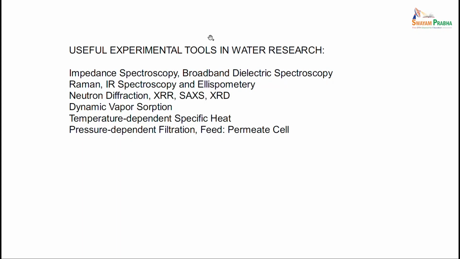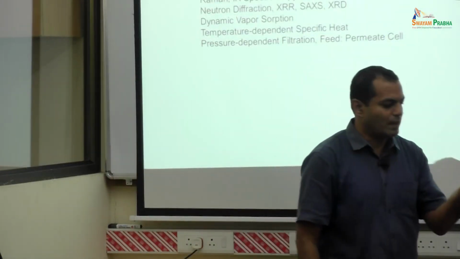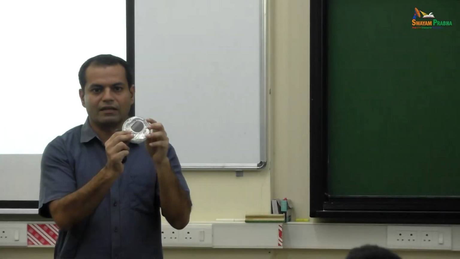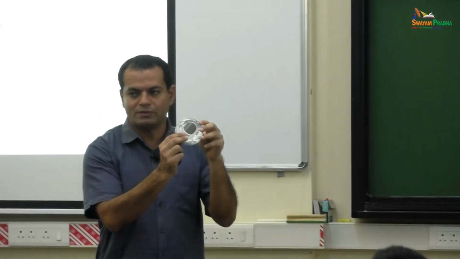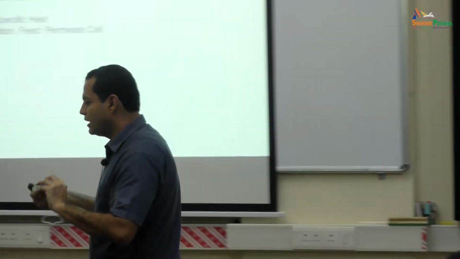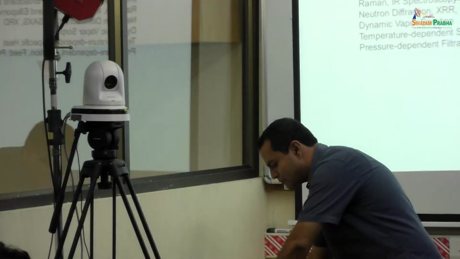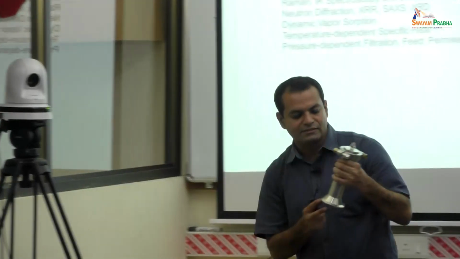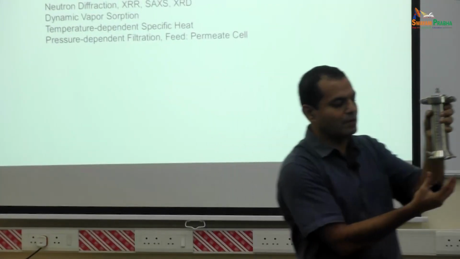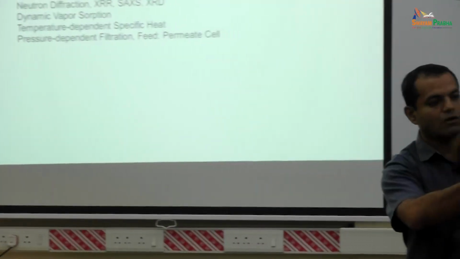There are many tools we use, so I'll just flash the names. Some of them are so simple that I could just have it here and show you. For instance, this is one of the membranes made in our lab, a graphene oxide membrane, through which we study water transport. And there are simple systems such as this cell on which you could mount the membrane, and there is a column of air.